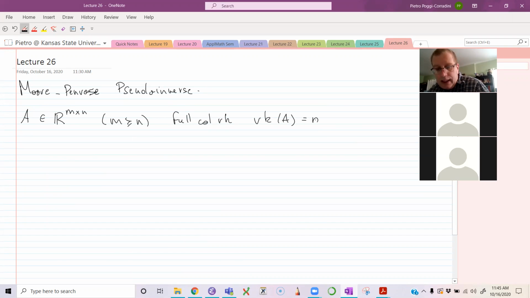All right, so we've seen that you can have a QR decomposition, or you can have an SVD decomposition.